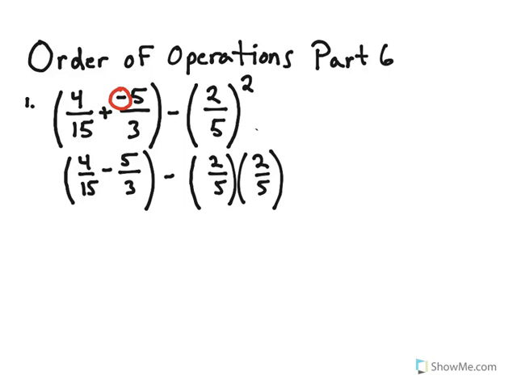So what we're going to do is, off to the side, we're going to do what's inside the parentheses first, right here. And then we're also going to multiply this. Okay? So we'll do this off to the side. So 4/15 minus 5 over 3.